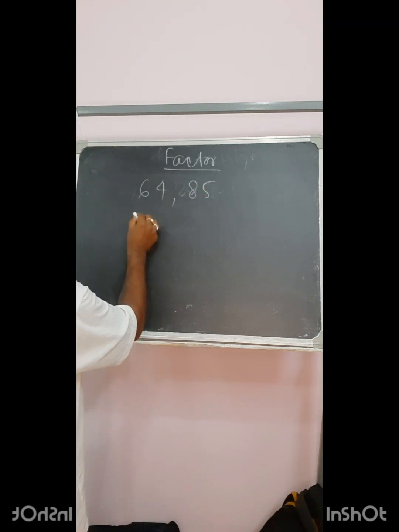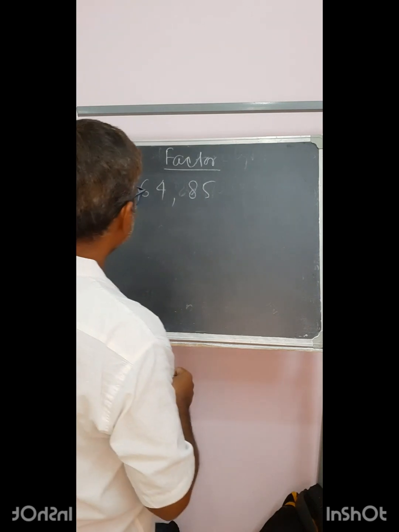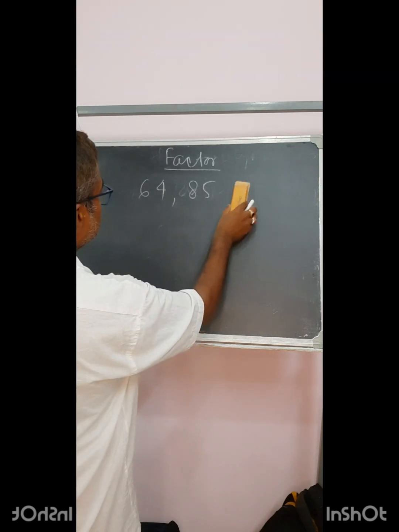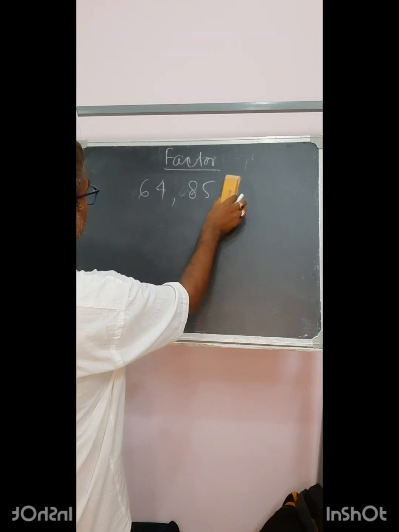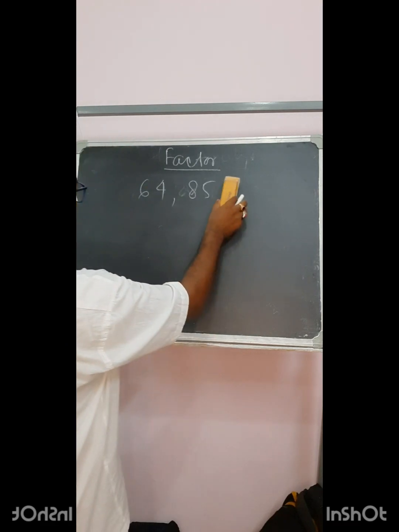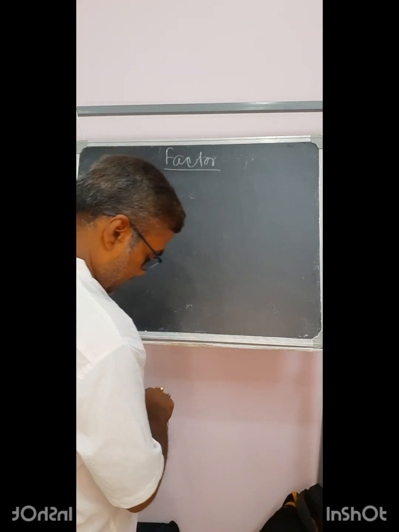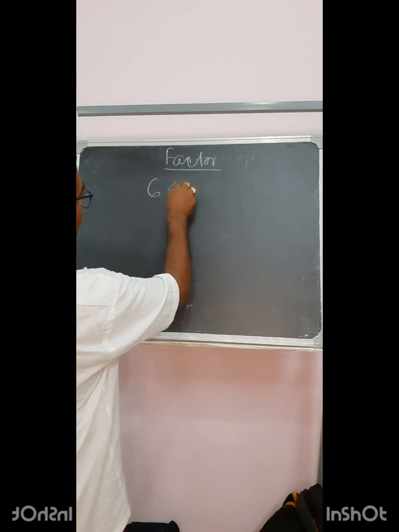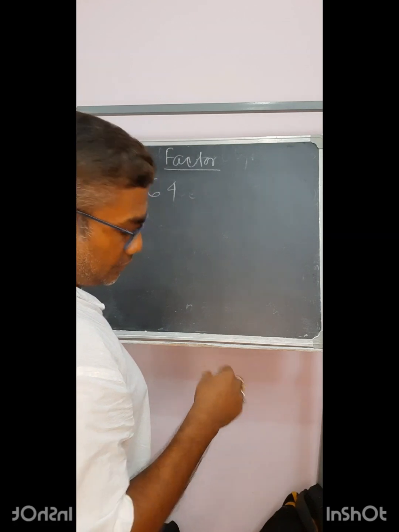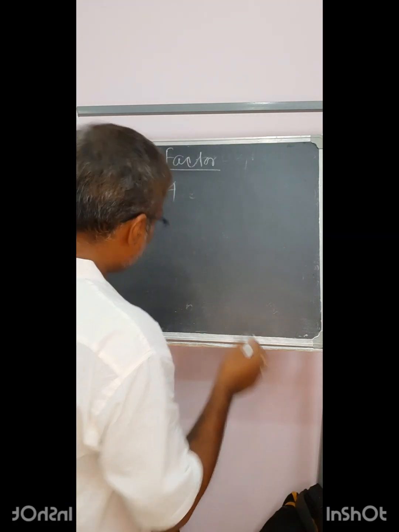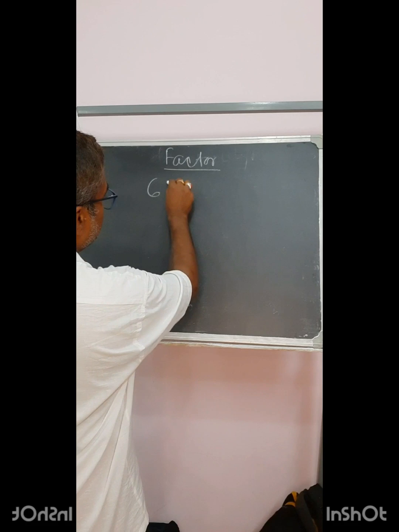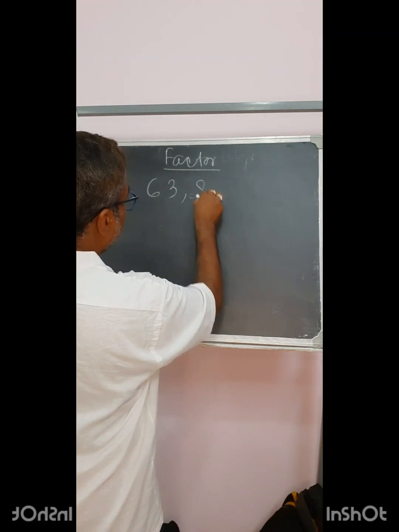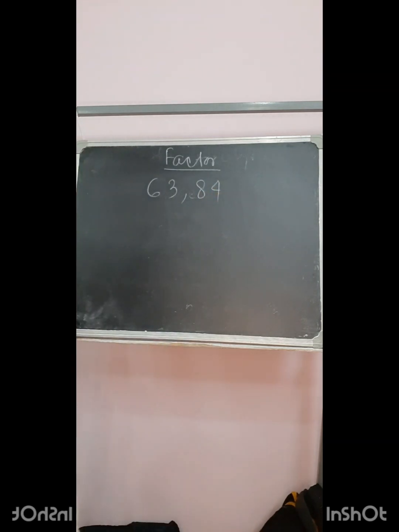Now I need to have some numbers which are perfectly divisible, means have perfect common factors. 64 and 85 won't give a multiple, so let's say 63 and 84.